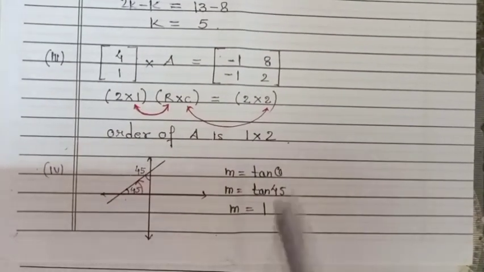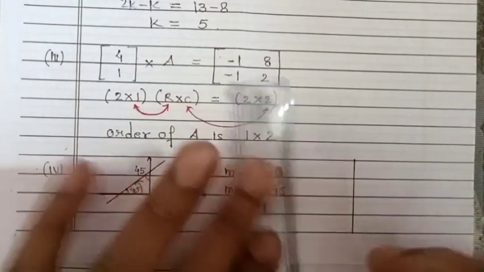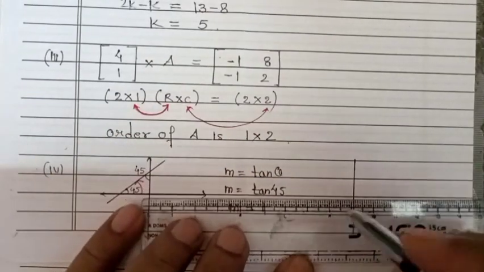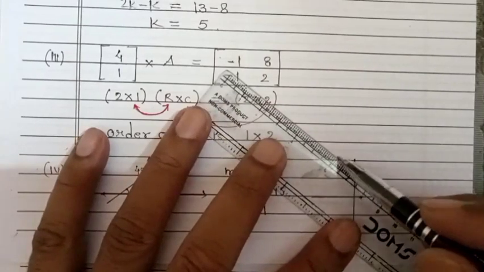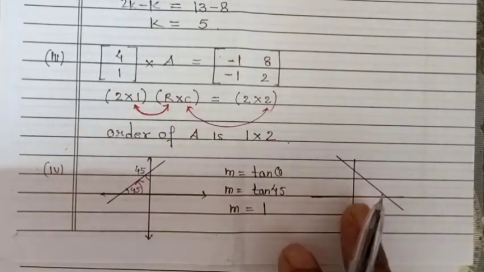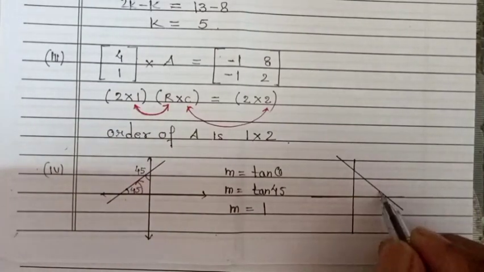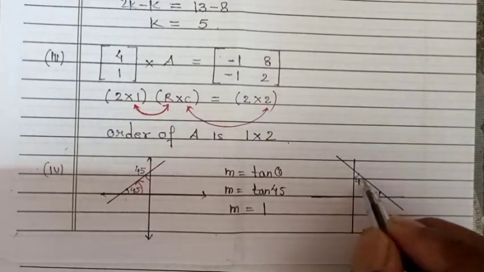Now the second case is, again we are drawing the coordinate axis. The line is equally inclined, so I am drawing the diagram this way. Again the line is making an angle of 45 degree with both the axes.